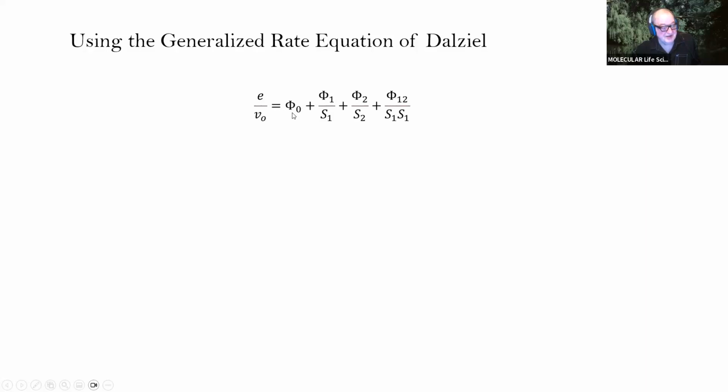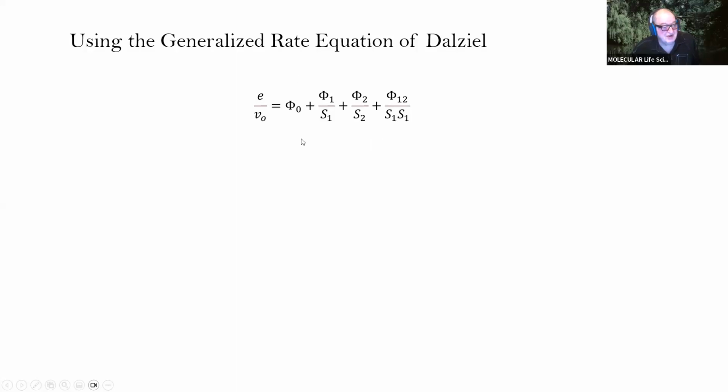And the generalized equation is phi0 plus phi1 over S1 plus phi2 over S2 plus phi12 over S1 times S2, that should say. Sorry, my bad typing. I'll change it when I put the PowerPoint up on the web later.